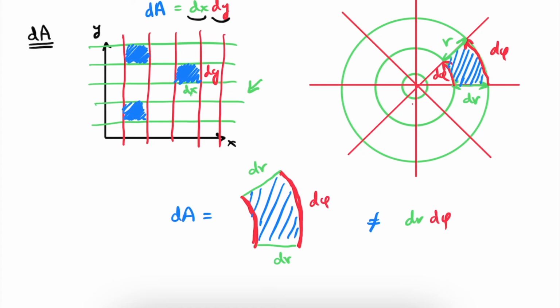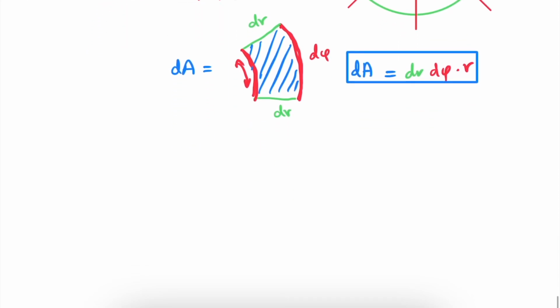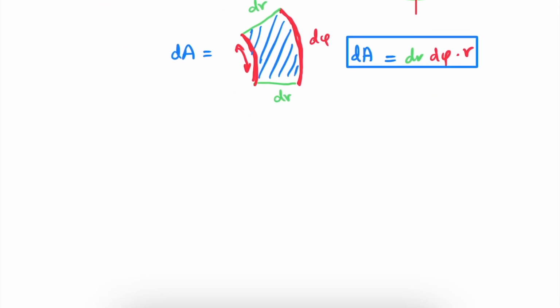And we know from basic geometry that if we want to get the length of these two curved sides, we have to multiply this d phi, so the change in angle, with r, the absolute value away from the origin. And if we do this multiplication with r, then this is indeed the infinitesimal surface element. And having an expression for the infinitesimal surface element, we can now directly calculate the surface of our circle.